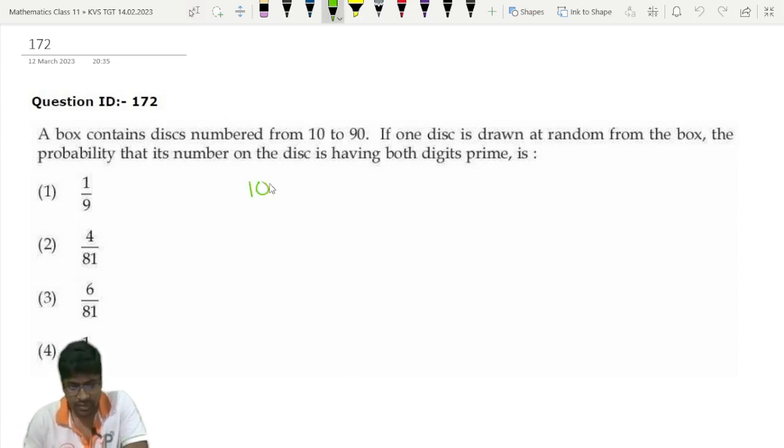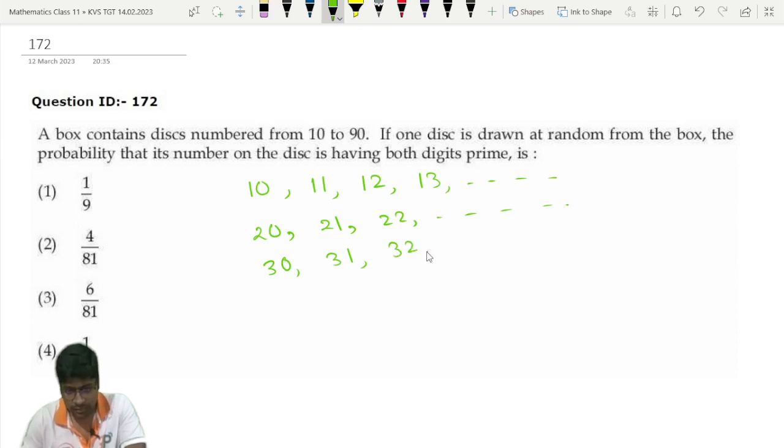These numbers are there: 10, 11, 12, 13 and so on. Again here will come 20, 21, 22, and so on. Then come 30, 31, 32, and so on. Then 40 will come, 41, 42.